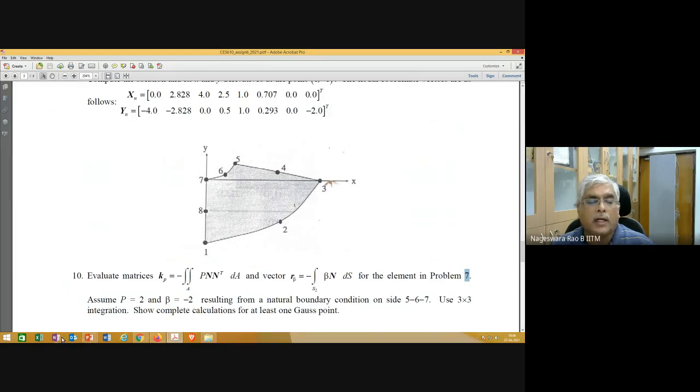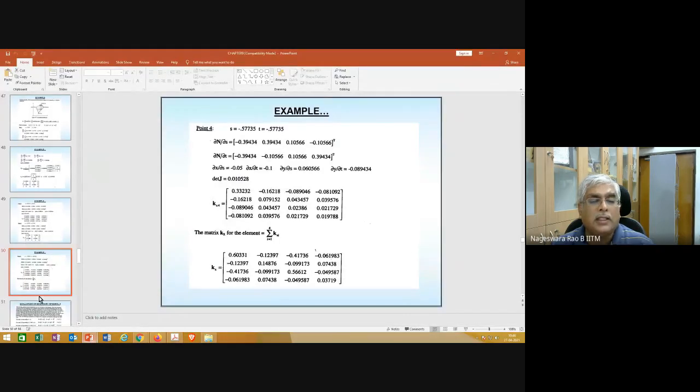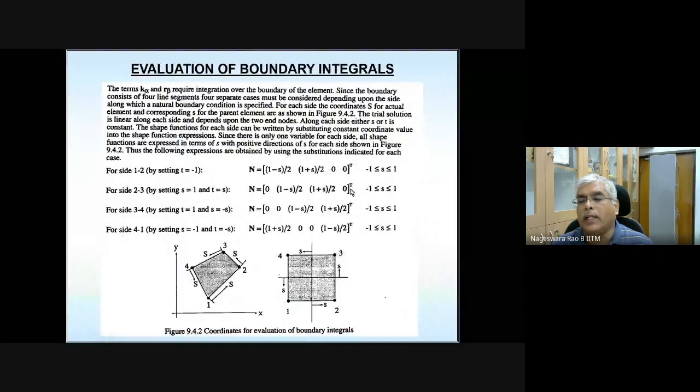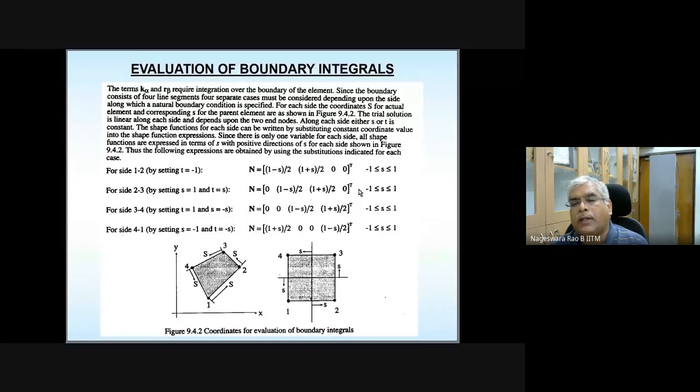You can follow a similar procedure, and here the evaluation of boundary integrals for a 4 node element is explained. If you understand how you evaluate the line integral for a 3 node element, you can easily extend the same thing to a 4 node element, because for a 4 node element also, along each of the edges, only 2 nodes are there.